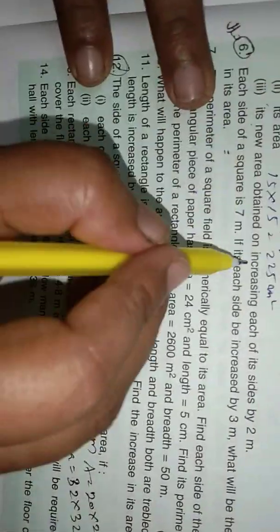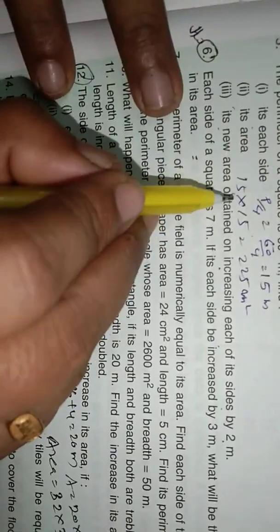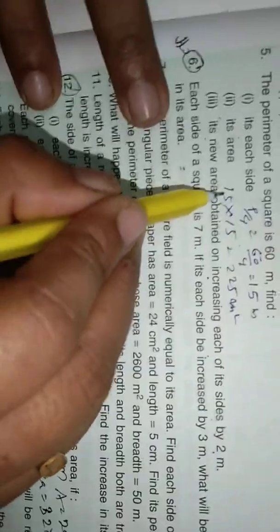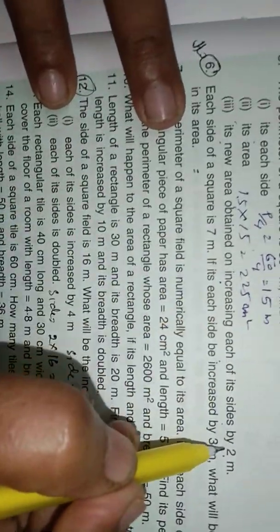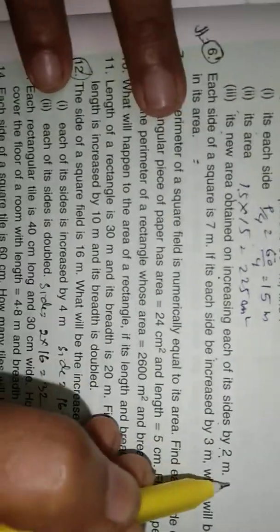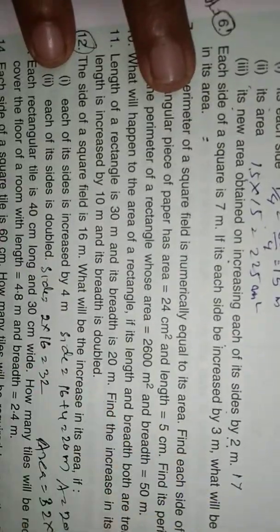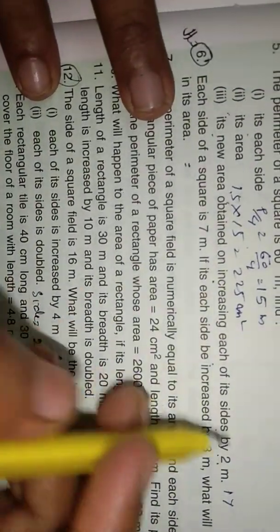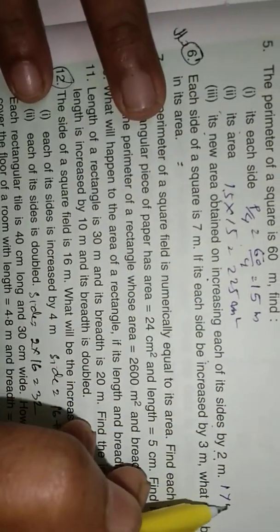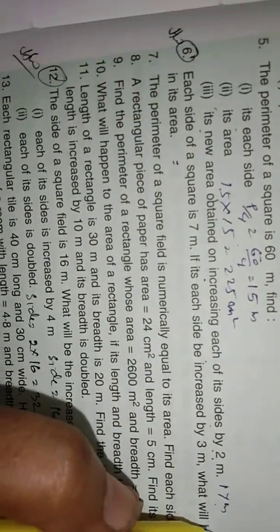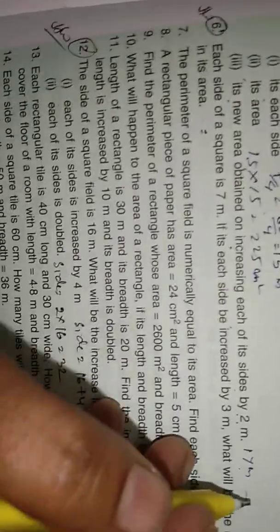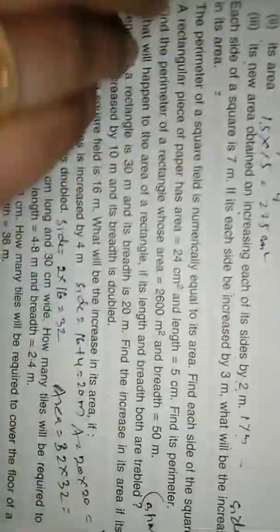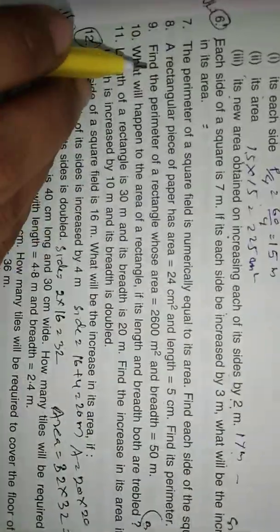Now the new area is obtained on increasing its side by 2 meters. If the side is increased by 2 meter, it is already 15, so 15 plus 2, 17 meter will be the side, and the area will be 17 into 17, that is 289. Try yourself. The sixth question I will give you as homework.